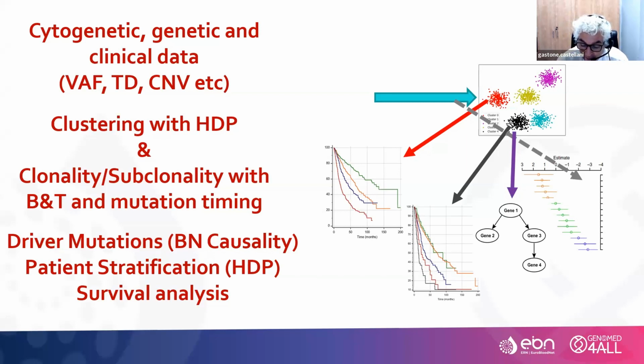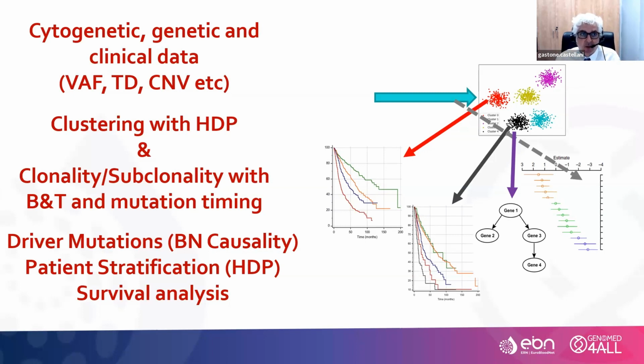So genomic variables, and the other variables that we can integrate are cytogenetic variables. Cytogenetic variables are, let's say, mutations on a larger scale: deletion, insertion, duplication, etc. A lot of these mutations are important in the diagnosis of myelodysplastic syndrome, but also in acute myeloid leukemia and other diseases.